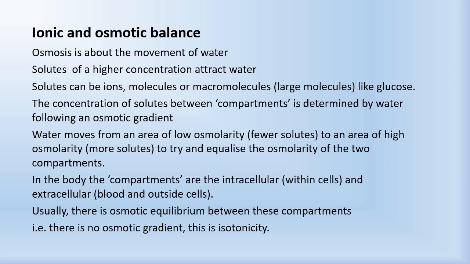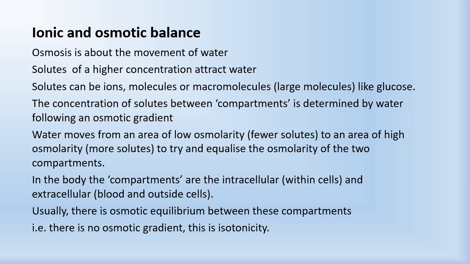So this is known as isotonicity. There is no osmotic gradient. The amount of solutes on either side between the intracellular and the extracellular is exactly the same, so there's no net movement of water. Water doesn't move.